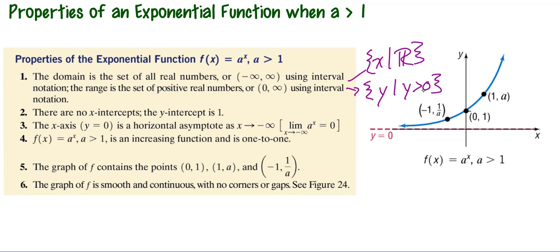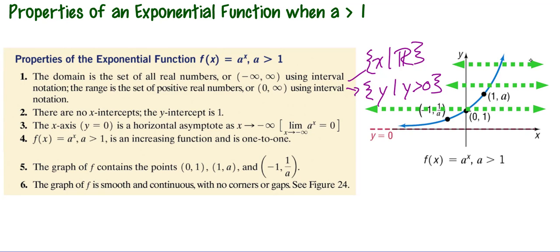So there are no x-intercepts, and the y-intercept is 1. We discussed why that is. The x-axis, y equals 0, is the horizontal asymptote. And this is an increasing function, and it's 1 to 1, because if we were to draw our horizontal line test, it only crosses at 1 point.